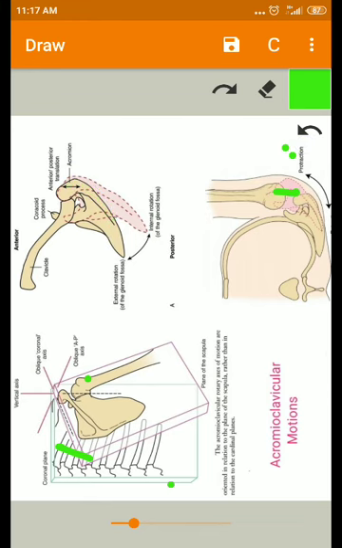How can we visualize this? During clavicular protraction, the scapula is rotating internally at the vertical axis, bringing the glenoid fossa to face anteromedially, and the vertebral border of the scapula is seen prominently in this case.